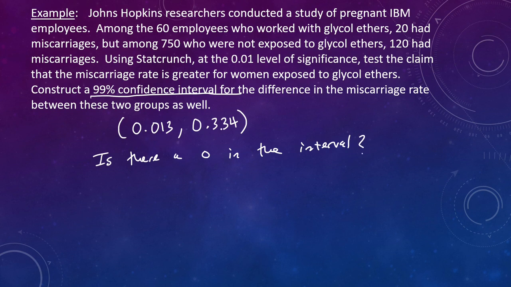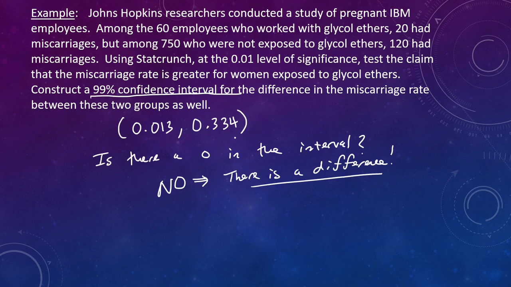Since both of these numbers are positive, the answer is no. And that implies there is a difference. And since group 1 is the group that has the exposure to glycol ether, then we're going to say that they have a higher rate. By how much? So let's convert these to percentages.